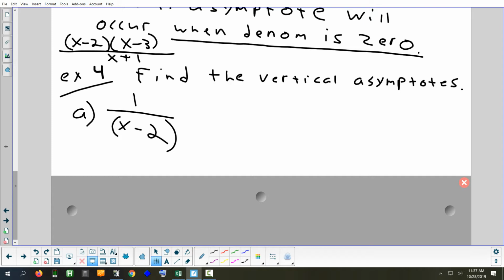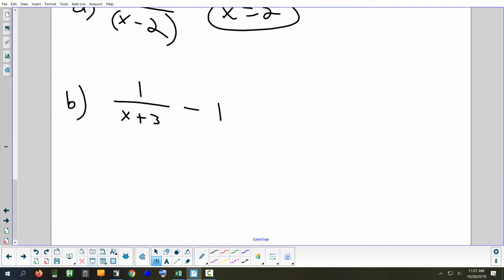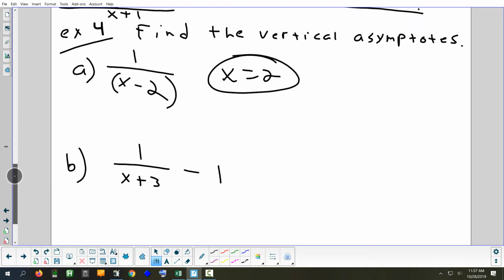Where's it going to be? Yep, 2. And how would you write the equation of it? x equals 2. Yes, x equals 2. There's your vertical asymptote. How about this one? Example 4b.